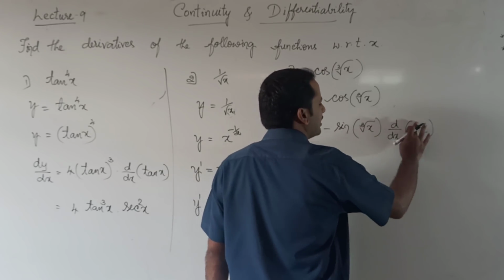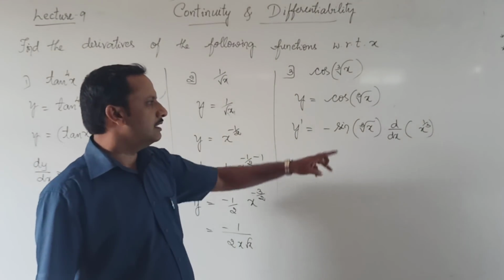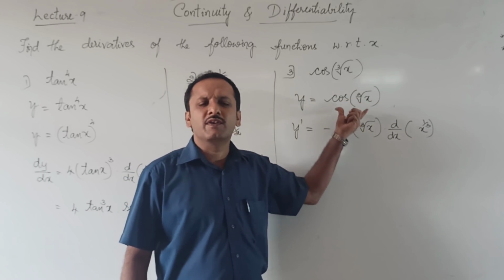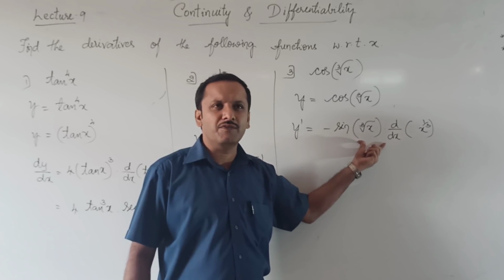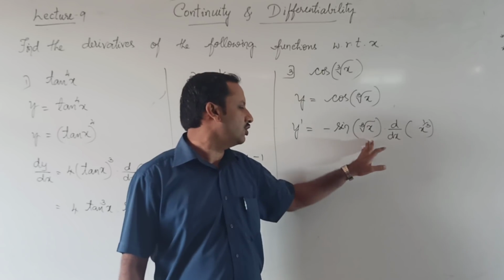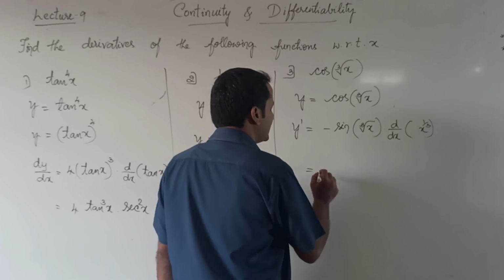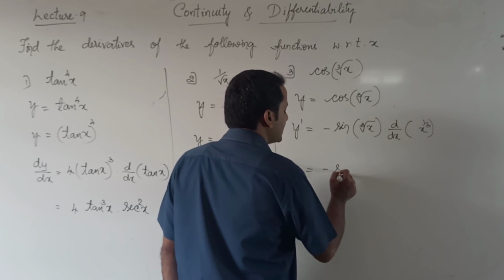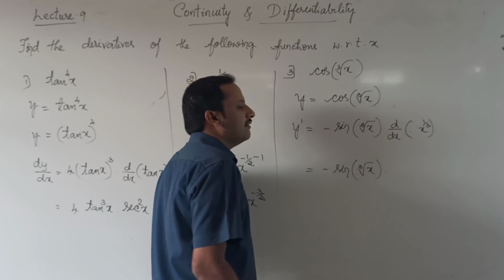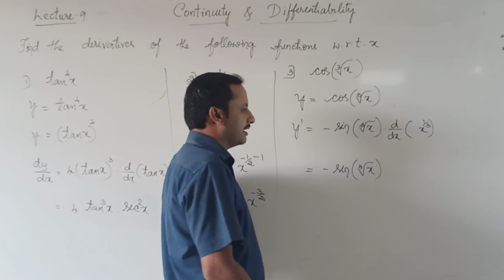Cube root of x can also be written as x to the power 1 by 3. So we got minus sine cube root of x into the derivative of cube root of x. I am writing cube root of x as x to the power 1 by 3. Here I will use derivative of x power n formula, which is n into x to the power n minus 1.